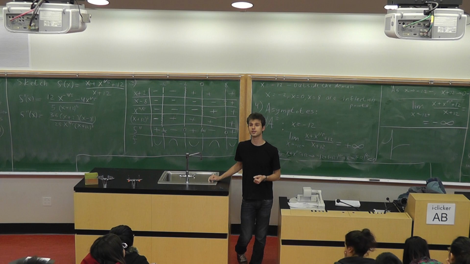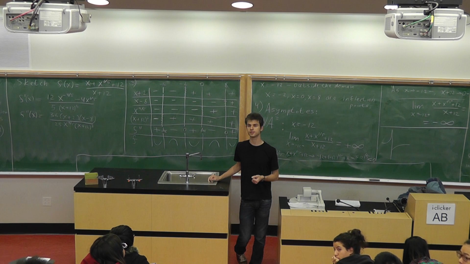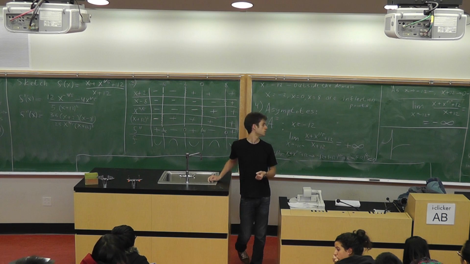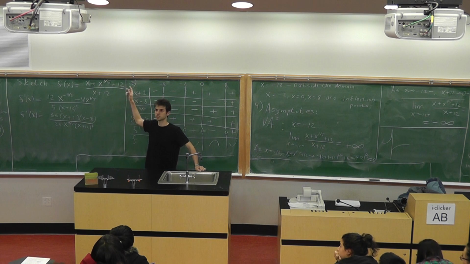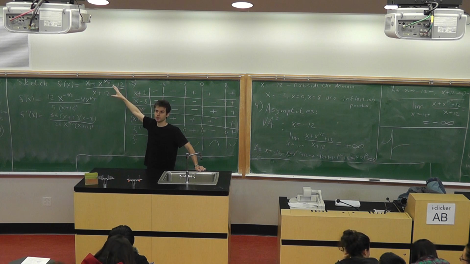On the exam, do you have to show vertical asymptotes? For this kind of function, yes, you do. If the function is not a quotient of two polynomials, then you actually have to compute all the limits.